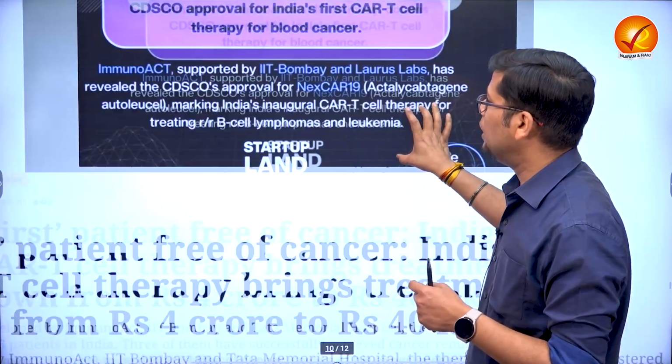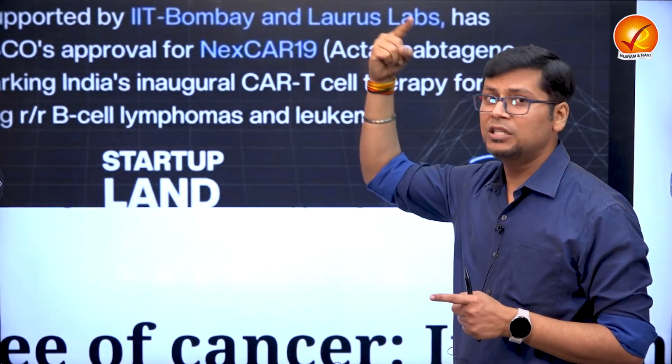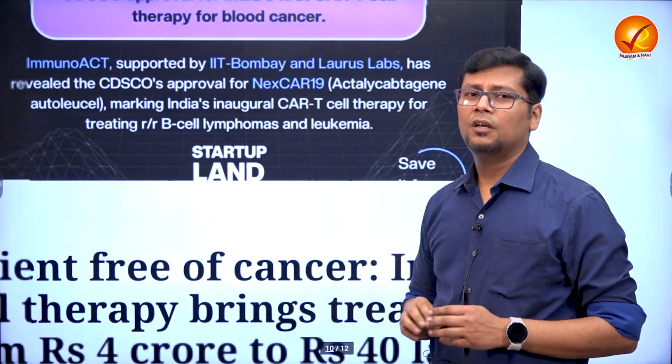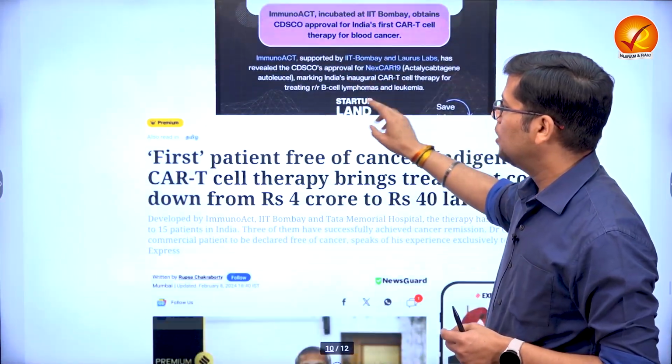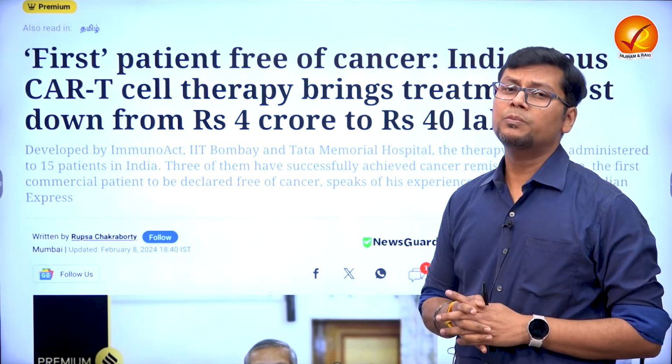And the drug formulation, NexCAR19, 19 for CD19, has got the CDSCO approval. And the chances of it getting approved become even brighter because we are already having success in treatment being achieved.